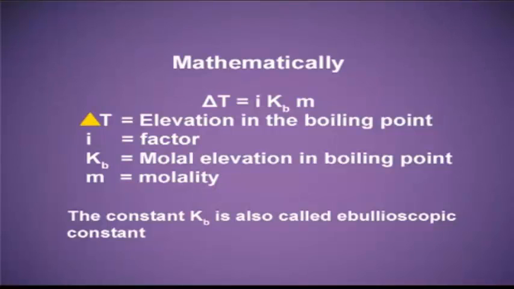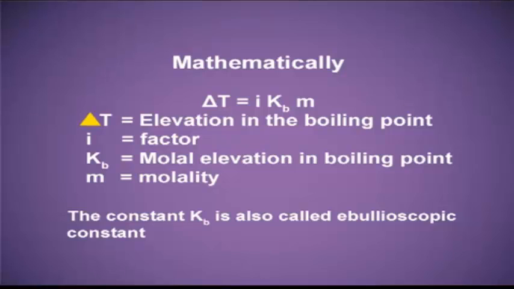Now mathematically you can see delta T is equal to i Kb m. Here delta Tb, or delta T, is the elevation in the boiling point. i is Van 't Hoff's factor, which I will explain later on.